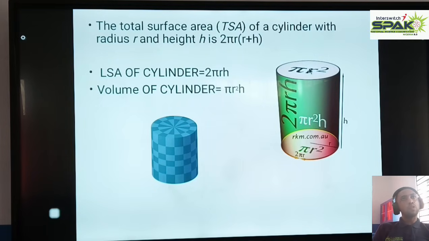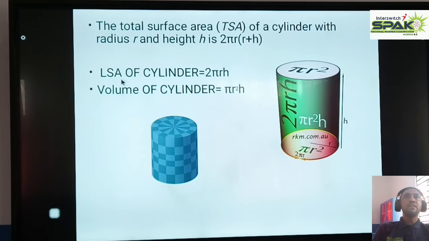The area here is pi r square, and the area here is also pi r square. When you add them together, it gives 2 pi r square. So when you add it to the lateral surface, the total surface area gives us 2 pi rh plus 2 pi r square. When you factorize, you have 2 pi r into bracket r plus h. So that is the total surface area of a cylinder.